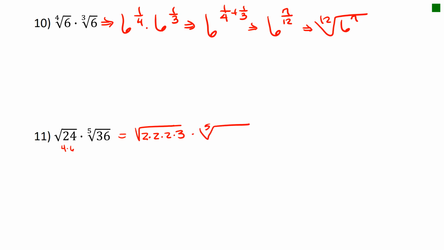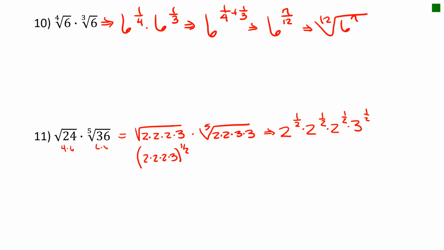The 5th root of 36, that's 6 times 6, so that's 2 times 2 times 3 times 3. So now I'm going to go to exponents. So I've got 2 to the 1/2, 2 to the 1/2, 2 to the 1/2, 3 to the 1/2. That came from these all being to the power of 1/2.